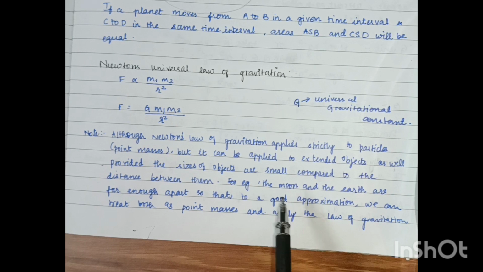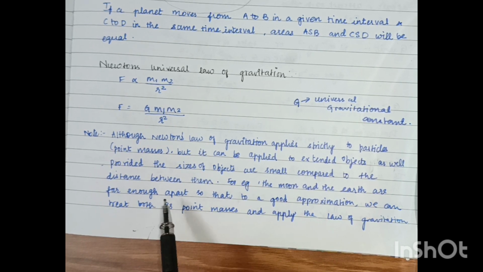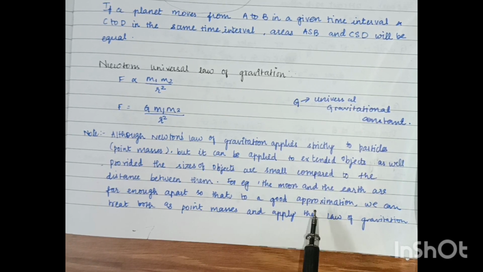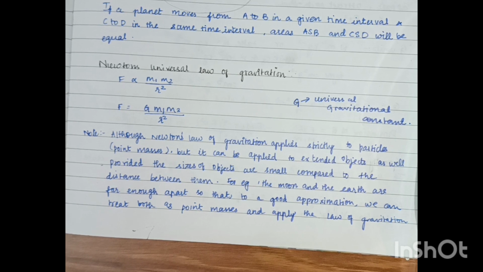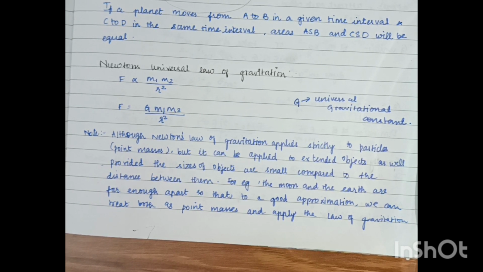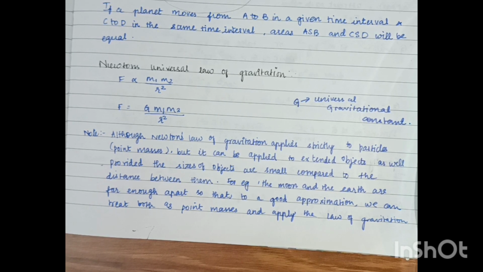For example, the moon and the earth are far enough apart that, to a good approximation, we can treat both as point masses and apply the law of gravitation. We have already seen the concept of point mass. Here the distance between the moon and the earth is very large compared to their sizes, so definitely we can apply the law of gravitation, because we can treat both of them as point masses.